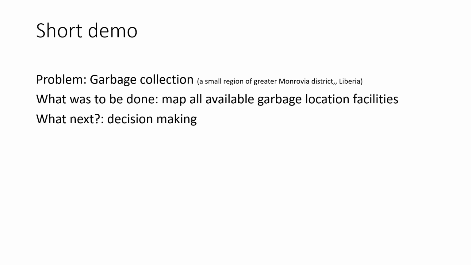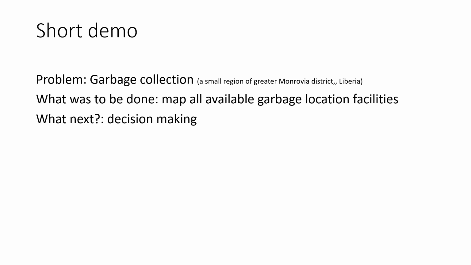What was done was mapping all the available garbage collection locations. They used ODK: two people went to the field, moving around and checking whether there is a garbage collection point. If there was, they keyed in some information.